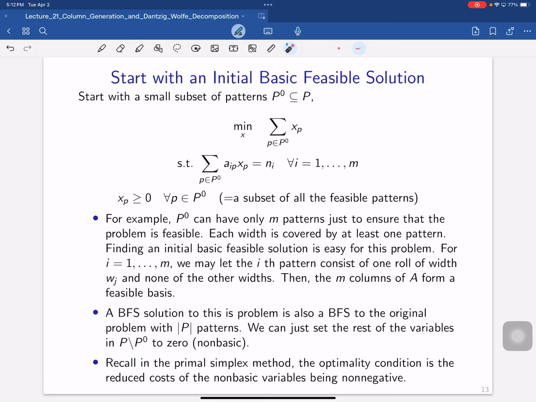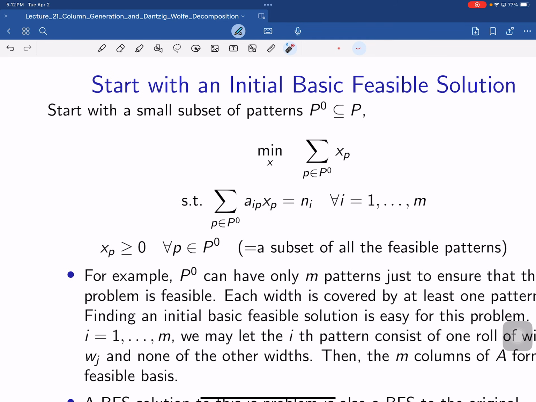Okay, now let's start with the first iteration of the method. You generate a very small subset of the feasible patterns. You can assume I have the first iteration, P0, with the cardinality of P0 equal to 10. Let's assume you have orders of 10 different widths. How do I generate the initial feasible patterns? You can do the following.